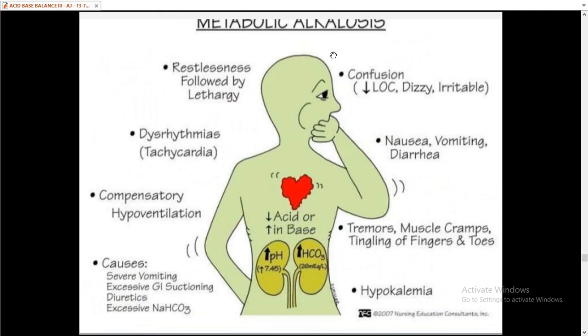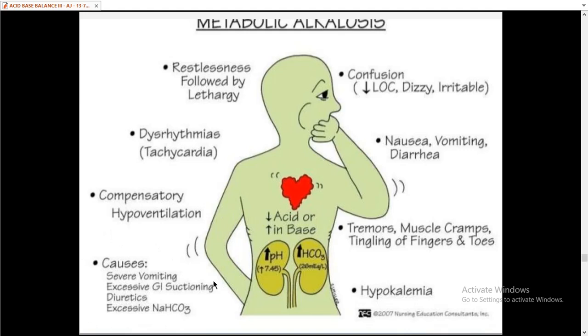Common signs and symptoms of metabolic alkalosis are restlessness followed by lethargy. There could be dysrhythmias or tachycardia. There could be compensatory hypoventilation or confusion, dizziness, irritability, nausea, vomiting, diarrhea. There could be tremor, muscle cramps, tingling of fingers and toes, and hypokalemia. So, in metabolic alkalosis, the acid is decreasing while the base is increasing. The pH increases, bicarbonate also increases.